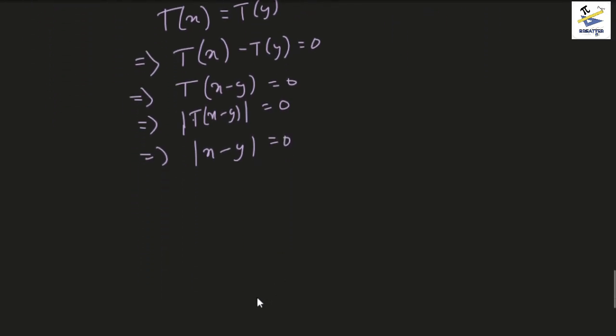We know that if the norm of a vector is 0, then the vector itself is 0, which implies x equals y. So it is one-one.